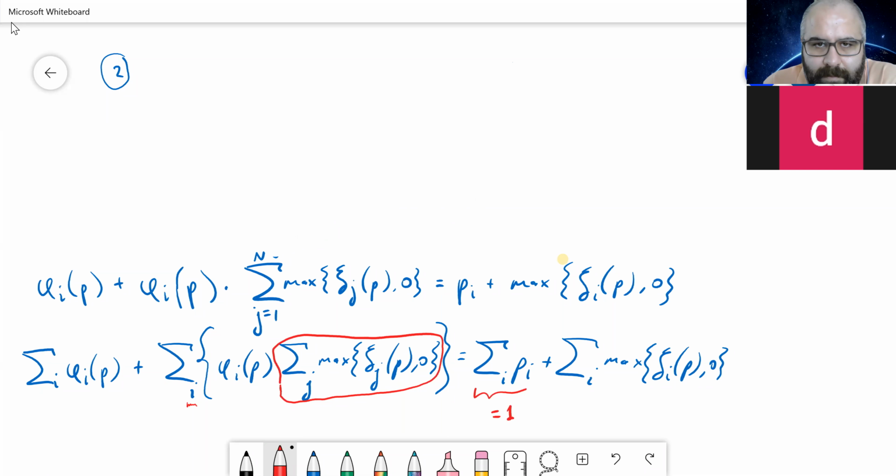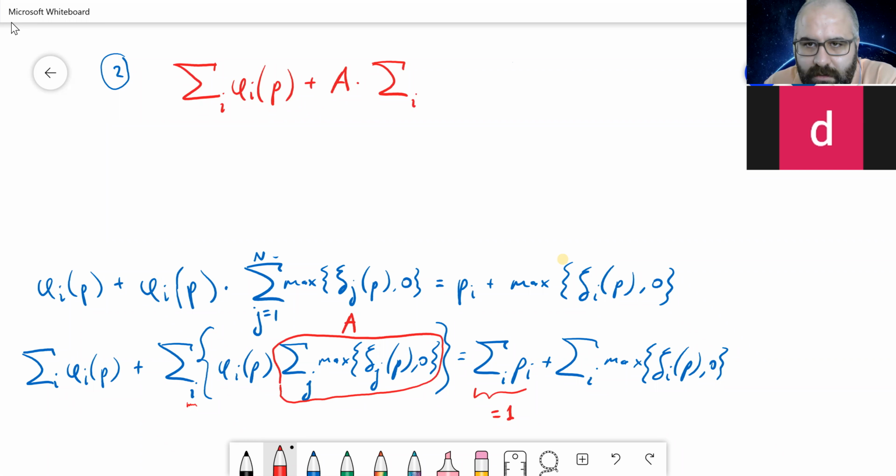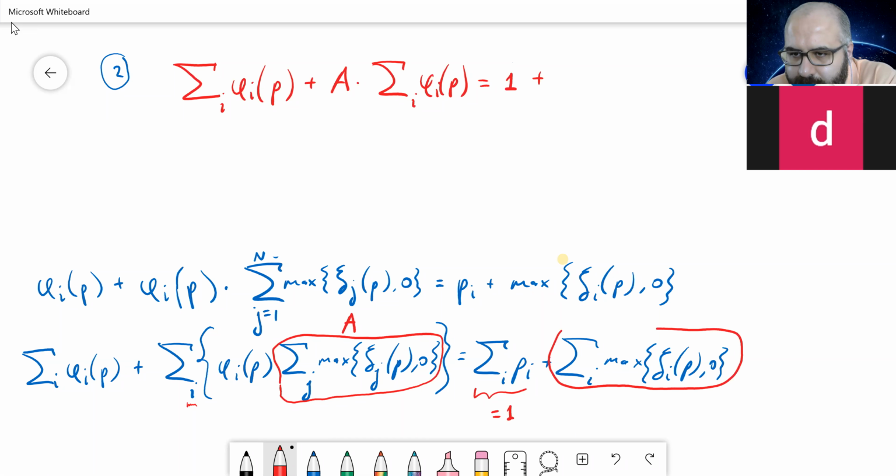Now, what's happening? I have the sum of phi_i(p), plus, then let's denote this by A. So A goes out, then I have the summation of phi_i(p) equals 1 plus, now realize that this is also equal to A, right?